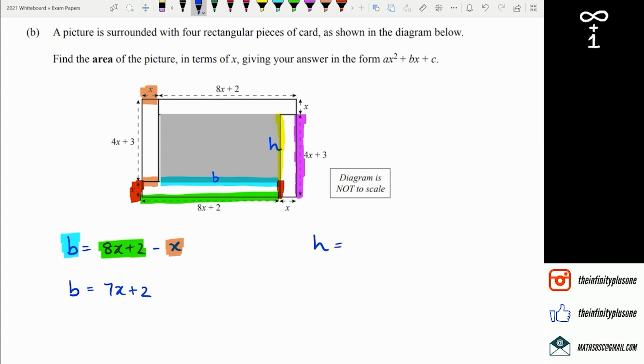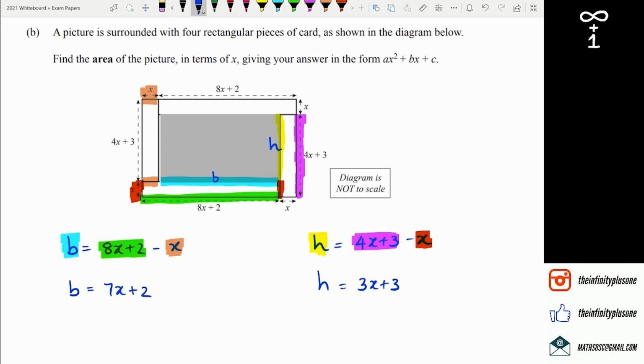So h is equal to 4x plus 3 minus x. Just to give you an idea, the x is the red part, the pink part is 4x plus 3, which gives us the yellow part, which is h. So when we do this, we end up with h equal to 3x plus 3.